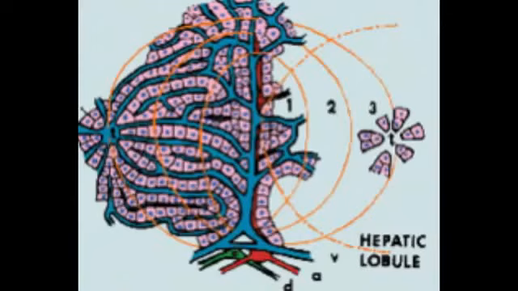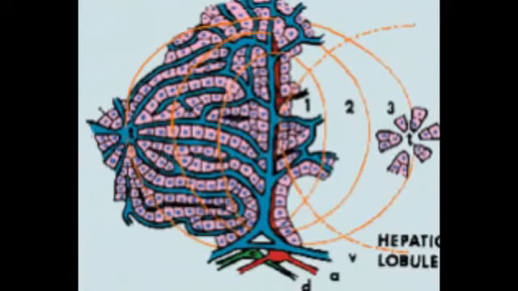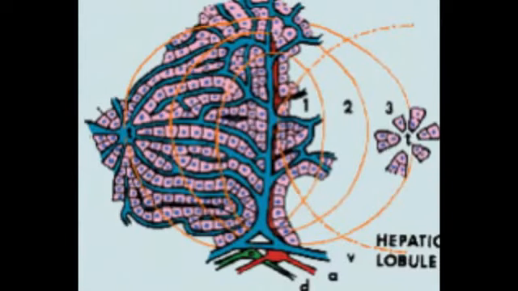And 1, 2, 3 are the different kinds of separation of the flow. This is regarding the diameter of, in Latin actually we call it laguna.